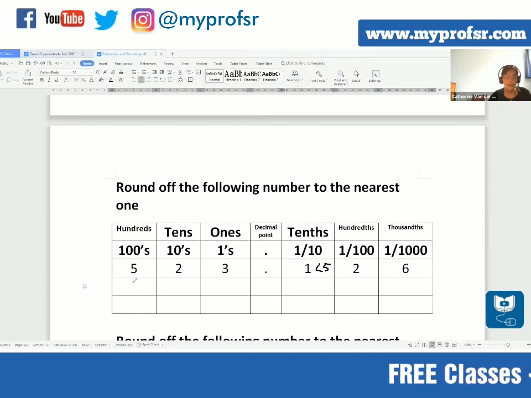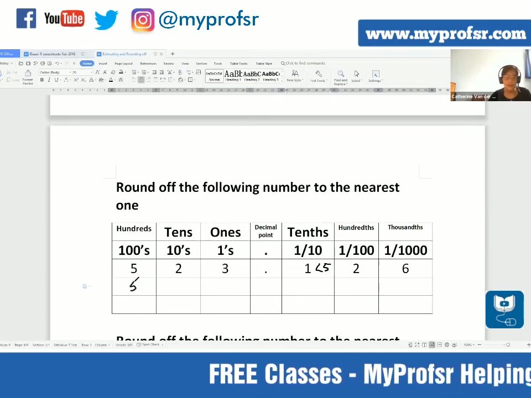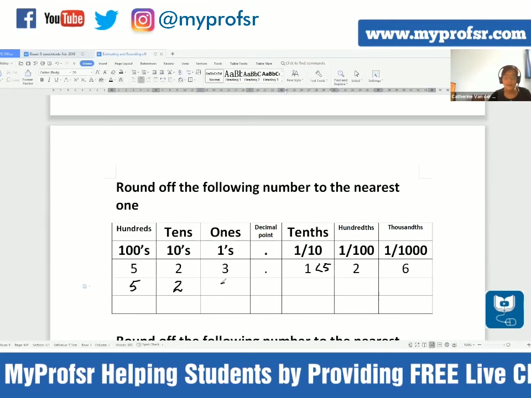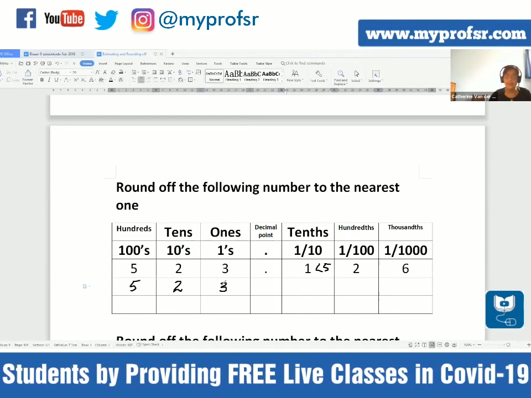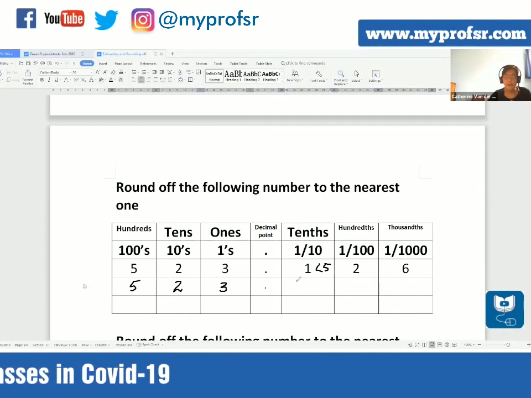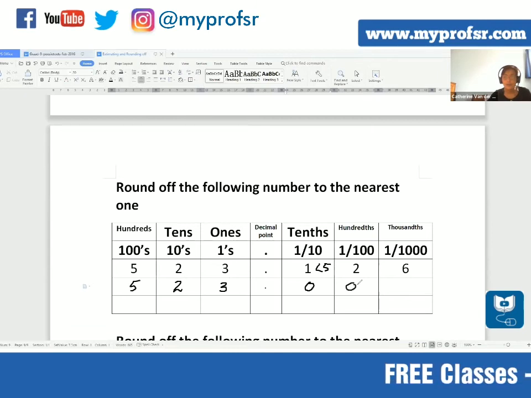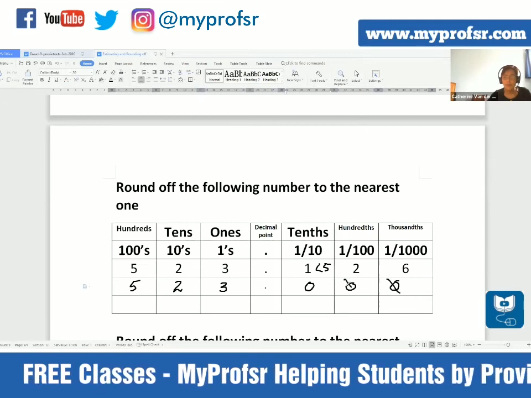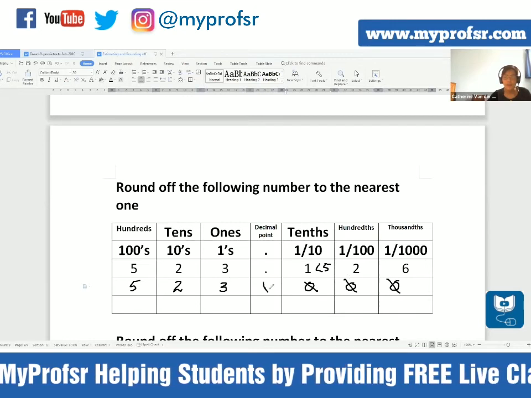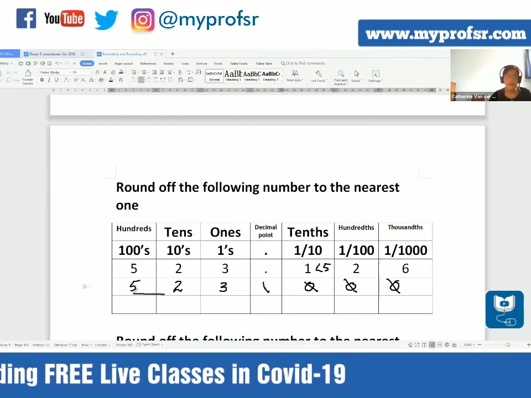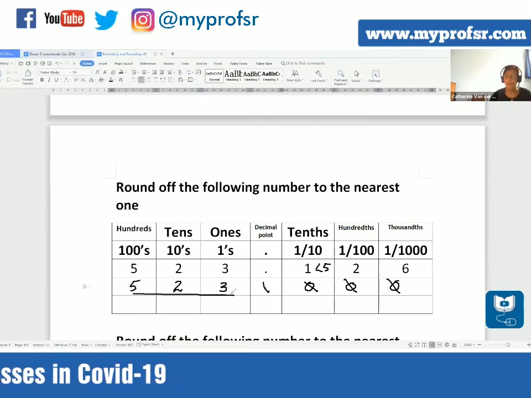And thank you. As you said, the answer is 523. Stays exactly as it is, and you can either fill in the decimal point and the zeros, or if you are so inclined, you can leave them out, because you don't have any fractions. And the answer will just be 523.